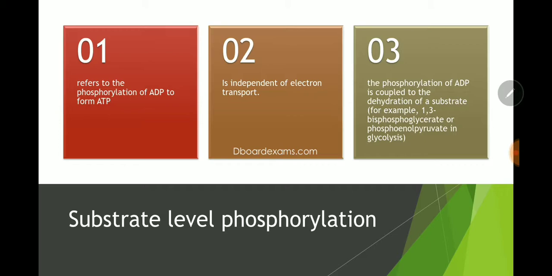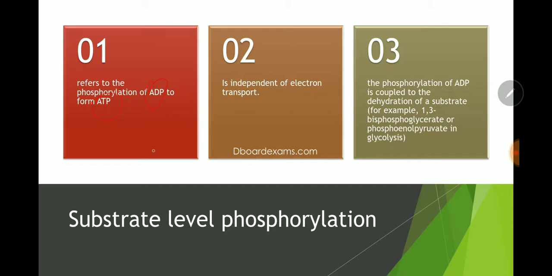So, substrate level phosphorylation. Substrate level phosphorylation refers to phosphorylation of adenosine diphosphate to form ATP, adenosine triphosphate. You know that ATP is the energy currency of the cells.